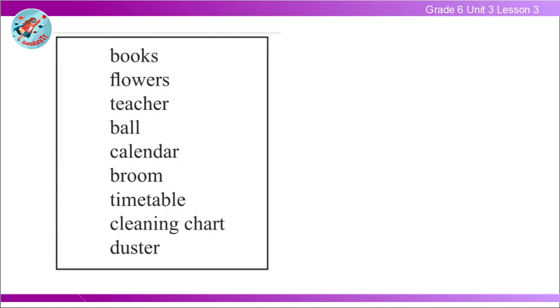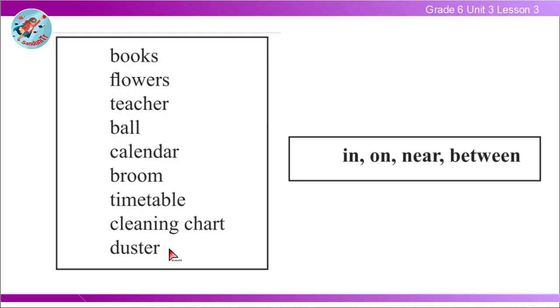So now look at the given words. They are books, flowers, teacher, ball, calendar, broom, timetable, cleaning chart, duster.